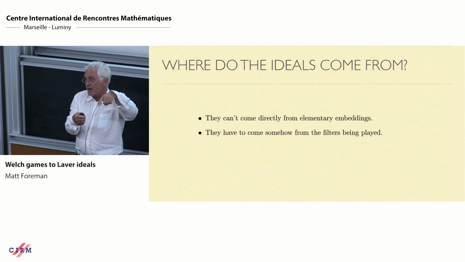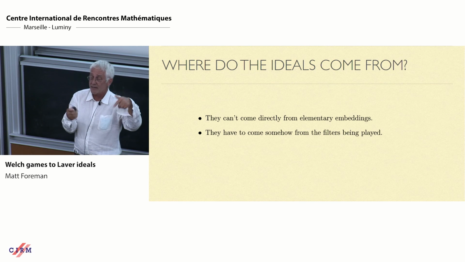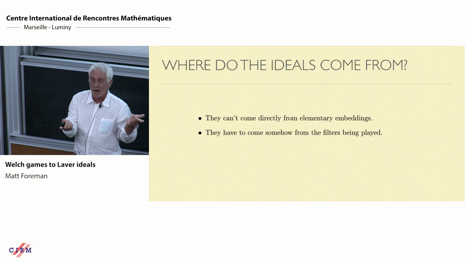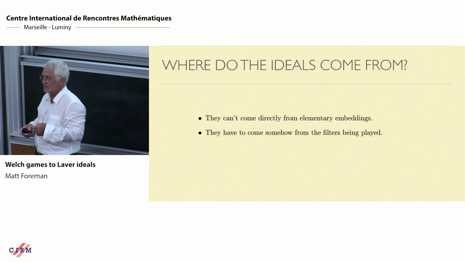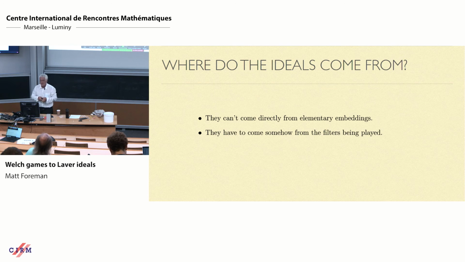So the ideals built by the strategies are not kappa plus infinity distributive, but the ideals you need to build the strategies have to be. So the relationship between the two ideals is not completely clear. So the ideals have to come somehow from the filters being played by player 2.